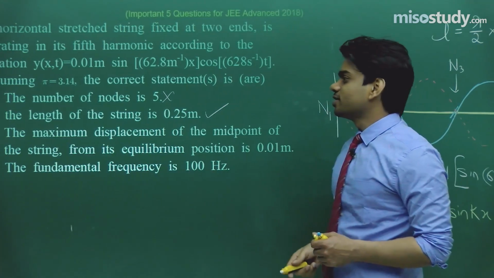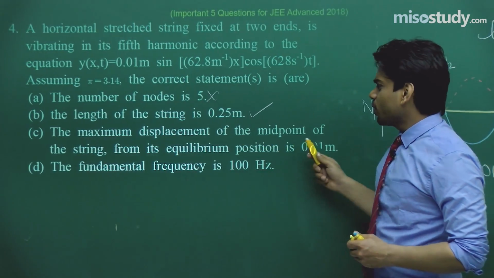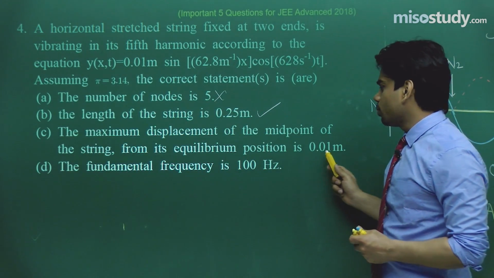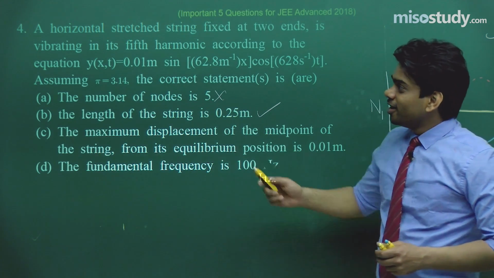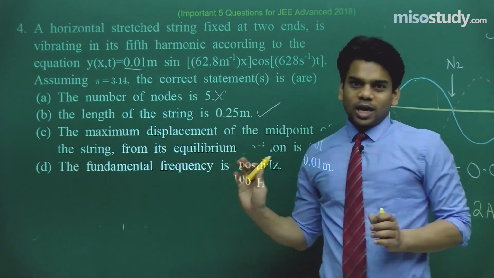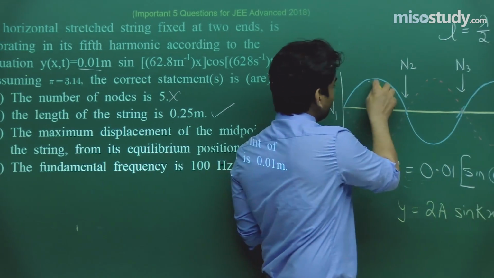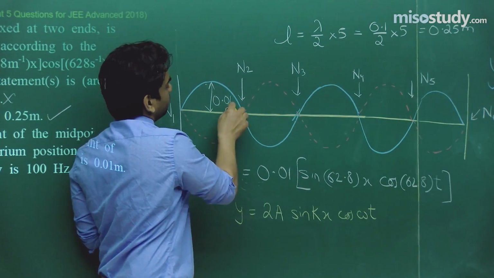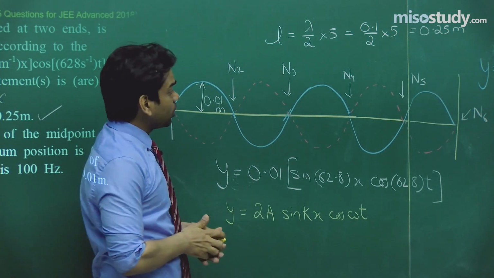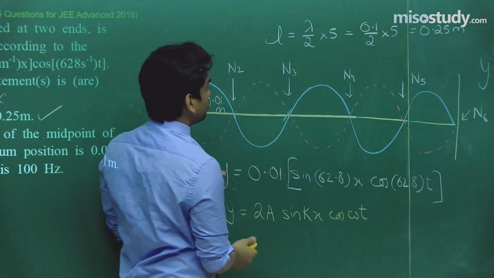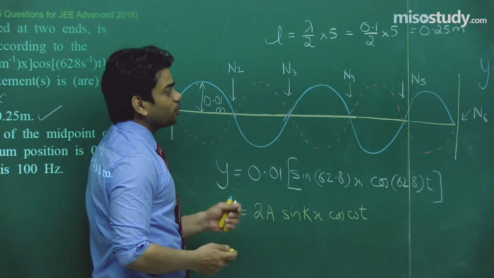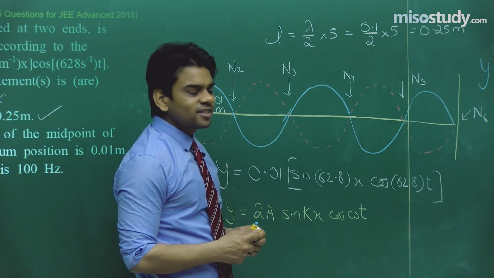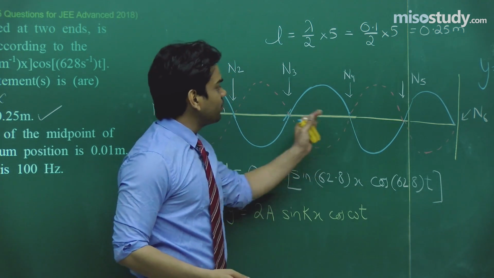C. The maximum displacement of the midpoint of the string from its equilibrium position is 0.01 meter. This thing is the amplitude, no doubt. This will be 0.01 meter as per the given information. But you see, where will the midpoint lie? It will lie in the center, and there are 5 wave parts in total.